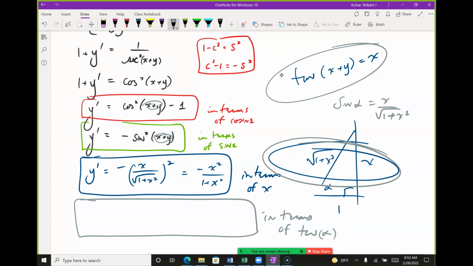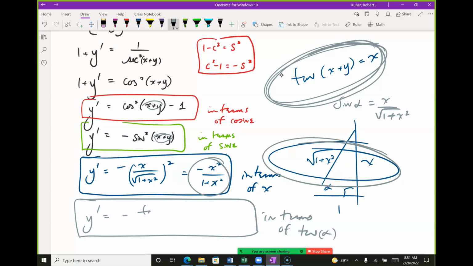Last one, in terms of tangent. First, square root of 1 plus x squared. I'm using this, and I want to turn it back into tangent. The numerator is x squared, right? What does x equal? x equals tangent of x plus y.